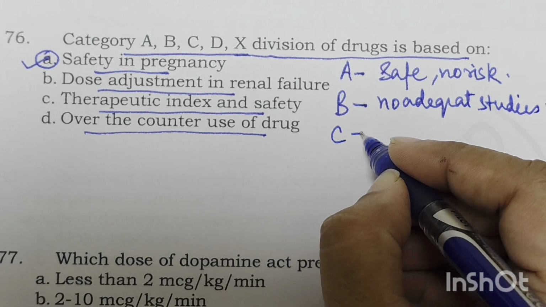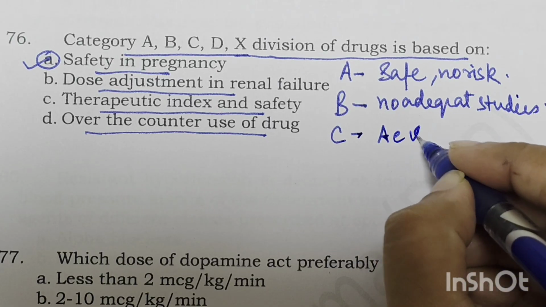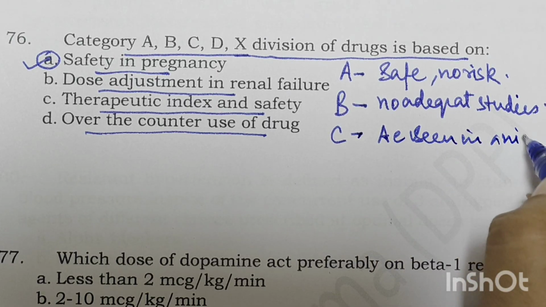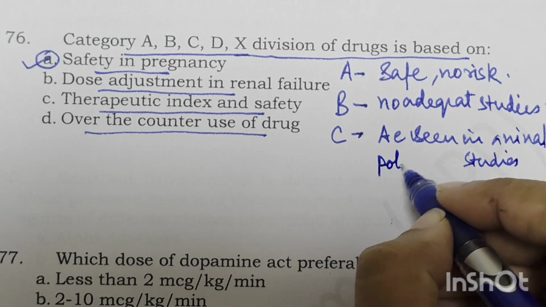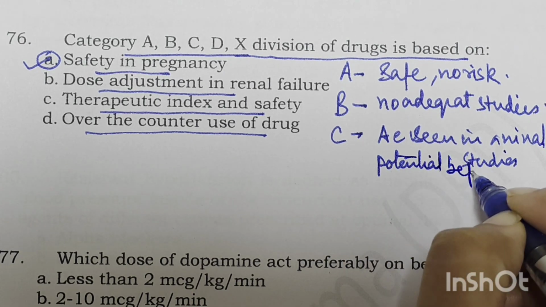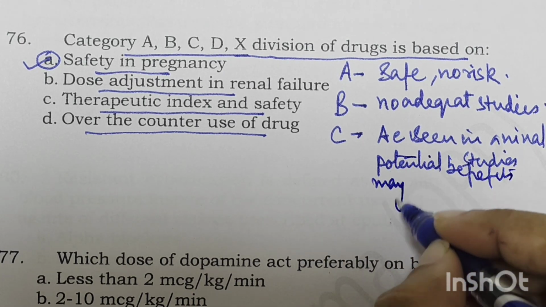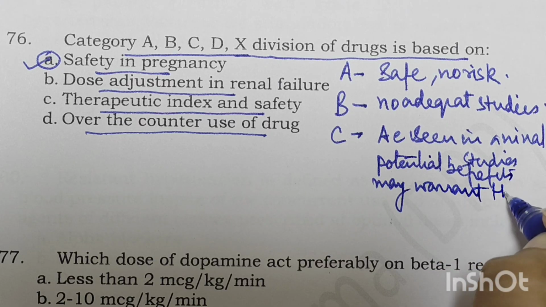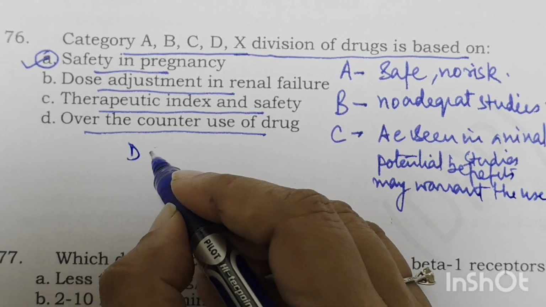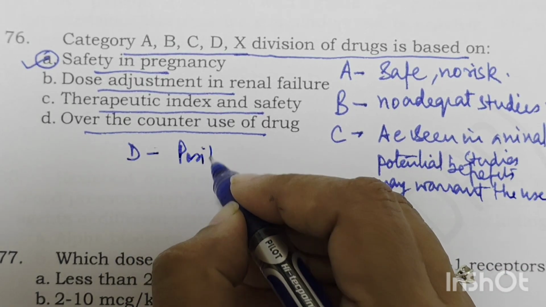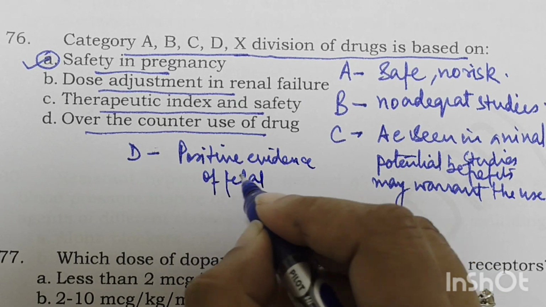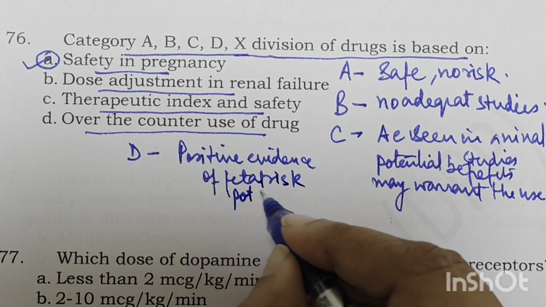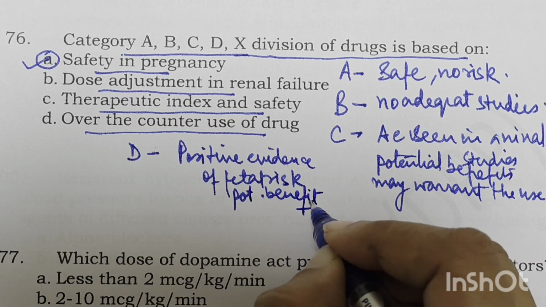Category C, adverse effects seen in animal studies, but potential benefits may warrant the use in pregnancy. Category D is that there is positive evidence of fetal risk, but again, potential benefit may warrant the use in pregnancy.